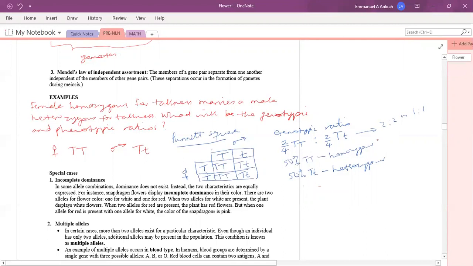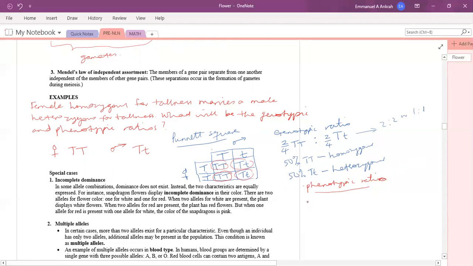Okay, so when it comes to a phenotypic ratio, you look at what they will show on the outside, right? So let's go back to our list here. If you go to the Punnett Square, now you have TT, this will be tall, TT, this will be tall, and then this will be tall, and then this will be tall. So they're all going to be tall because the uppercase is dominant, okay, tallness is dominant.